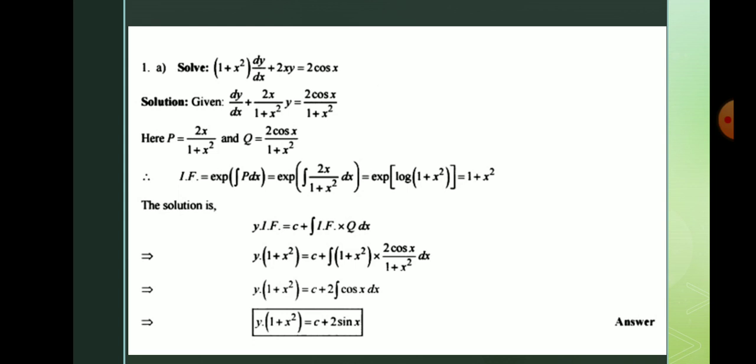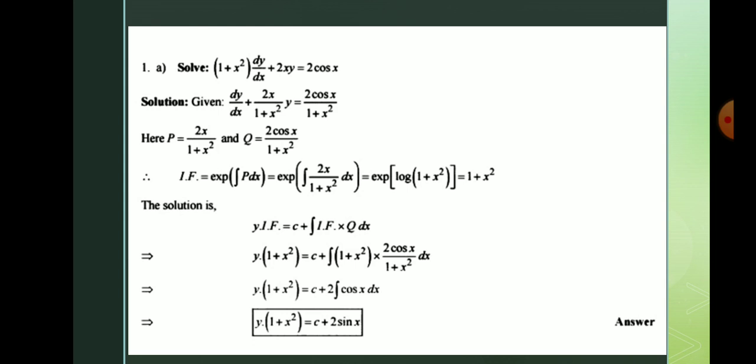We know that the general solution of Leibniz linear equation is given by y e^(∫P dx) = ∫Q e^(∫P dx) dx + c. So students, remember that e^(∫P dx) is called the integrating factor.